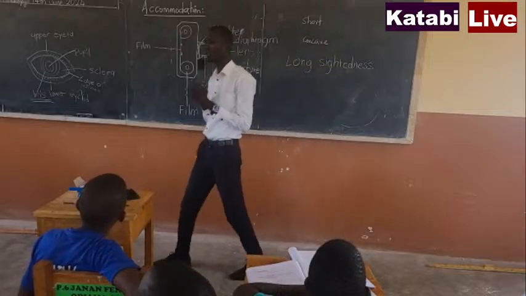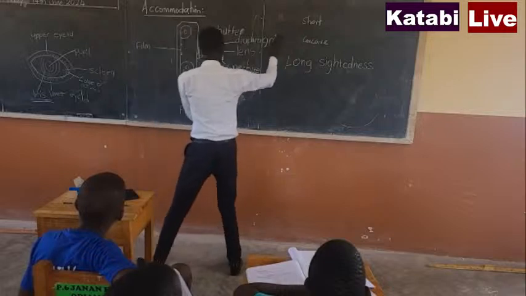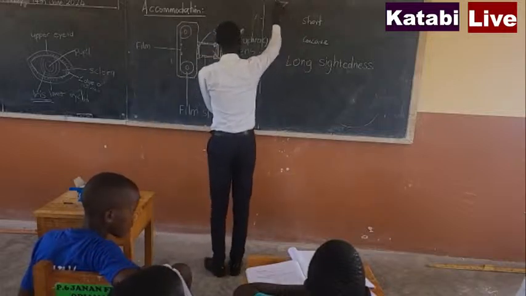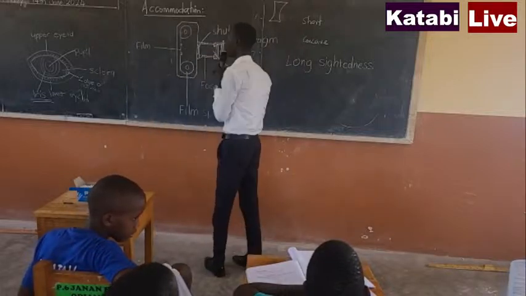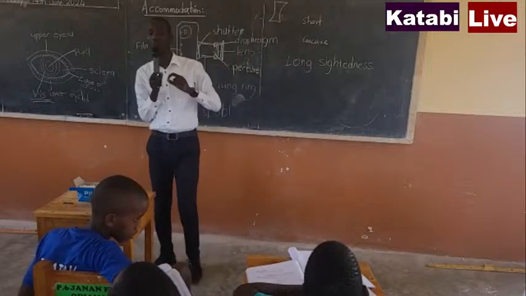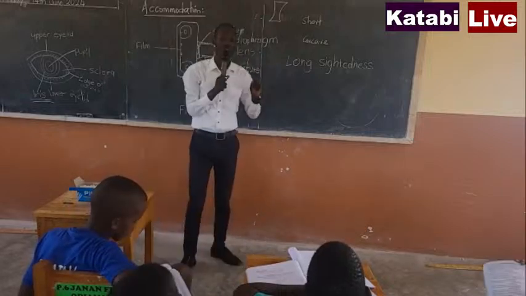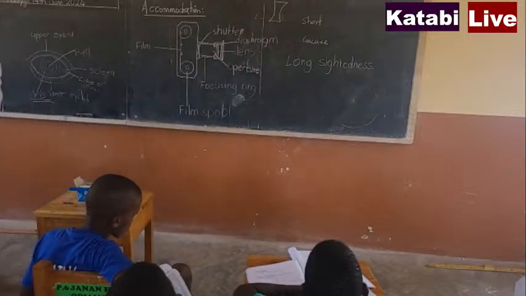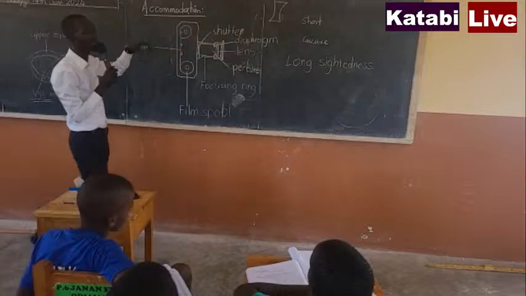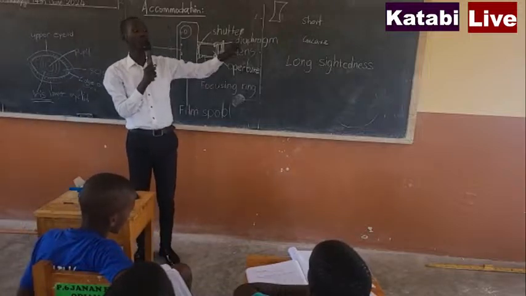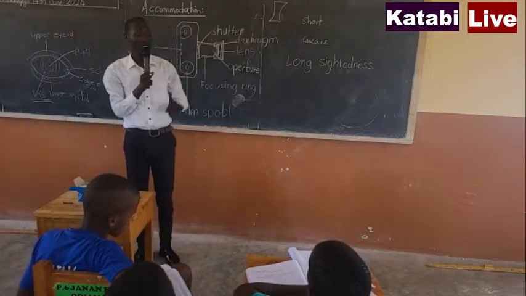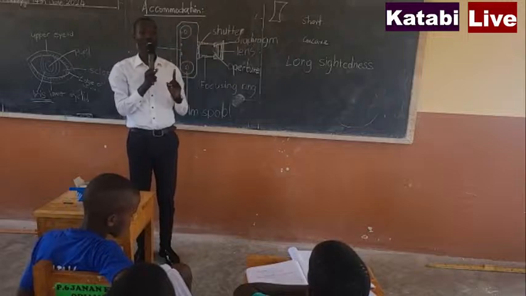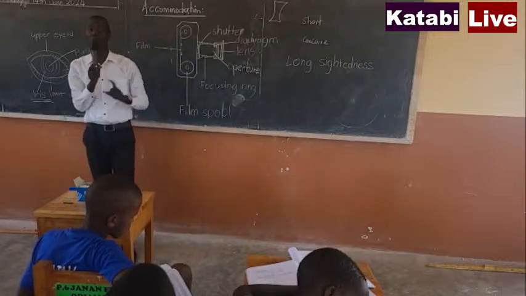And why do we use the concave lens? If we have our concave lens here, this is our lens. The major reason why we use spectacles with the concave lens is because the concave lens helps us to diverge the light rays before they are formed on the retina. So therefore, you will be able to see things which are nearer and further. By that we say we would have corrected it.